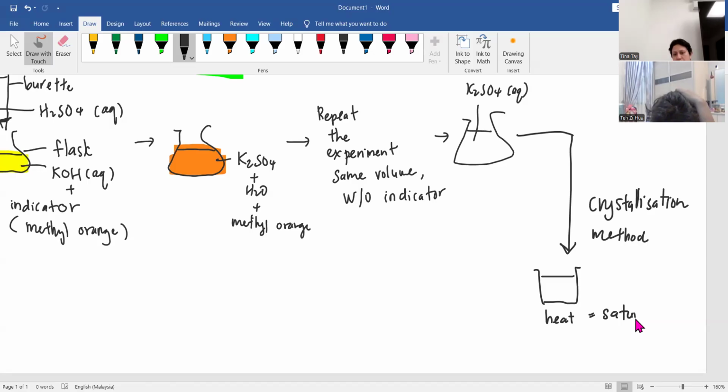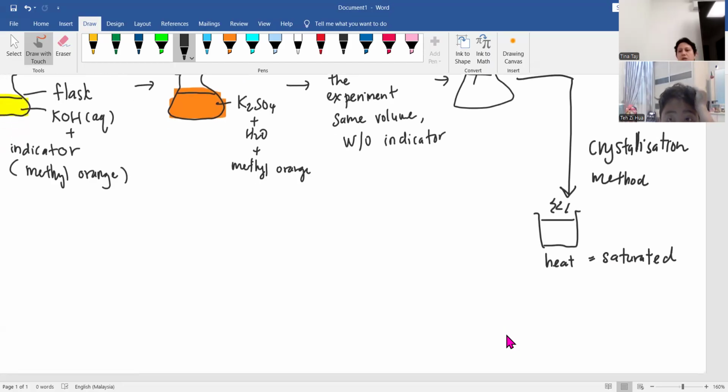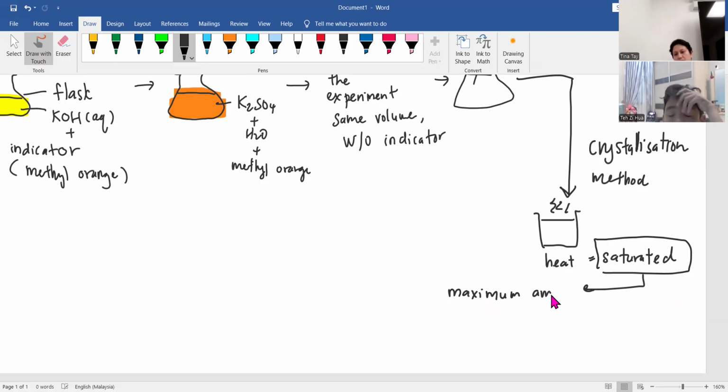Are you sleeping? No. Okay, you heat using a Bunsen burner until saturated. What does the word saturated mean? Saturated means the maximum amount of solutes in a solvent at a given temperature.